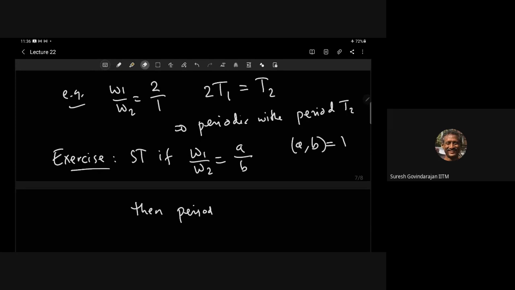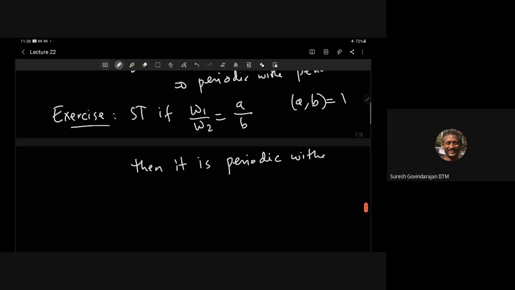With what period, you work it out. Determine this.